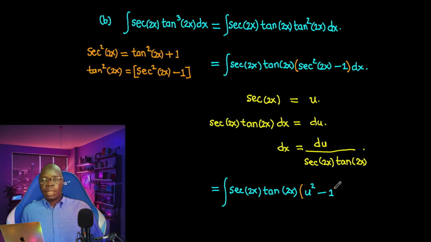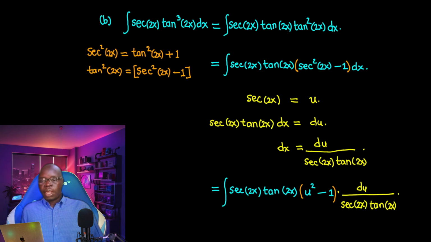So we multiply this with our dx, and we said dx was du over secant 2x times tangent of also 2x.